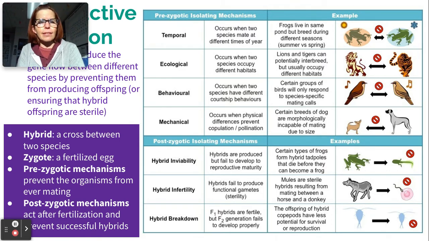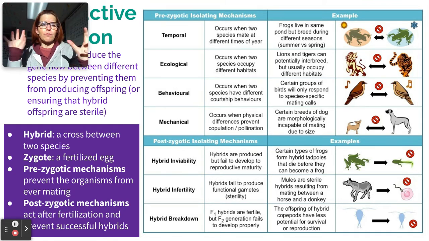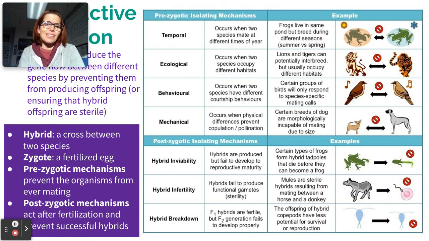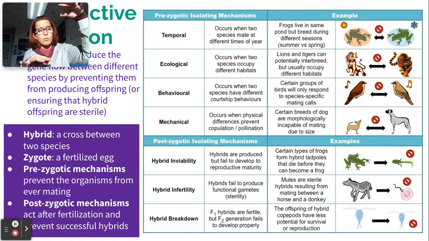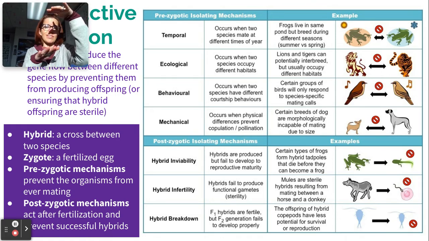That's temporal isolation. That's their pollen that's being made, and they can't mate with each other if they're fertile at different times of year. Ecological just means that they're in different areas. Sometimes that might mean, like the lion and the tiger, that they're on different continents, but it might also refer to some species living in the grass and some species living in the trees, and so they don't mate with one another.